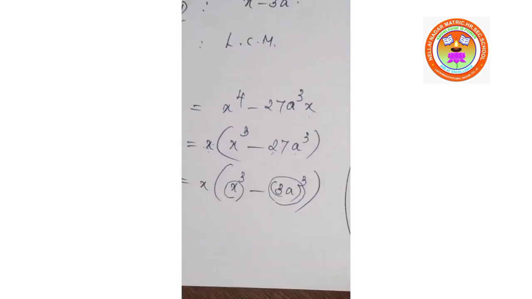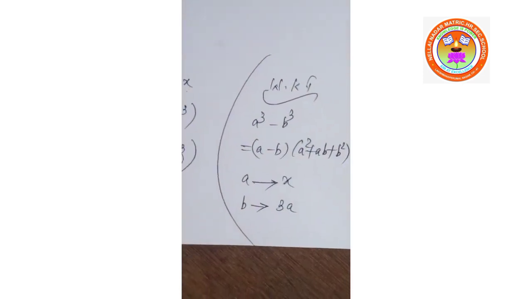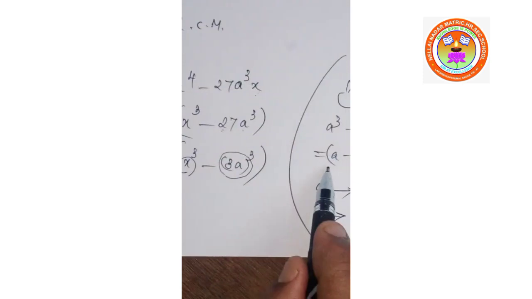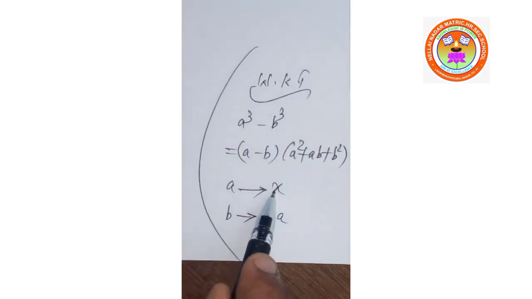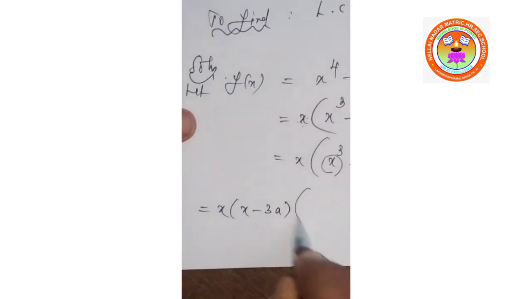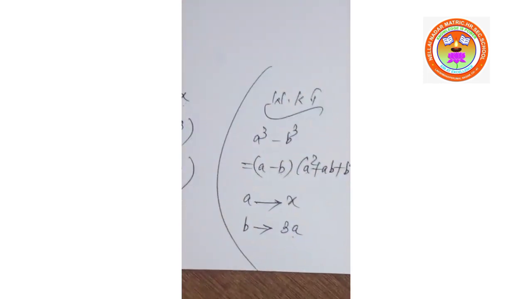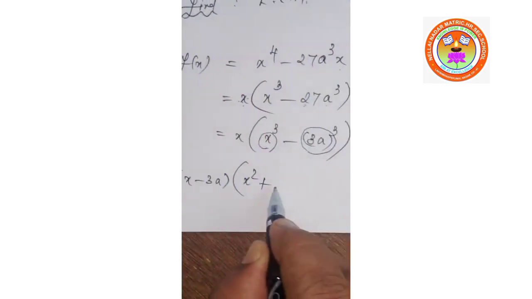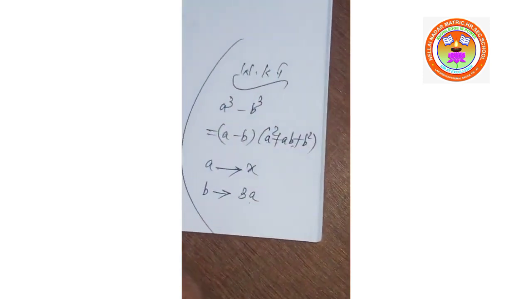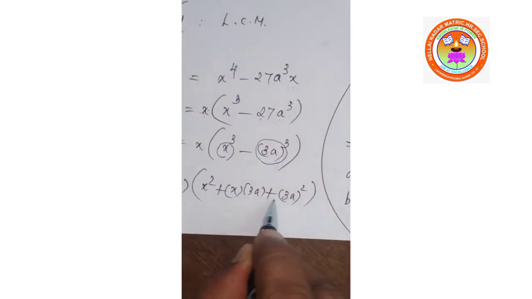This one is b, that is equal to 3a. Now I am going to apply the identity. So (x minus 3a) into (x square, a into b that is x into 3a, then b square, that is 3a the whole square). That is very important, the whole square.